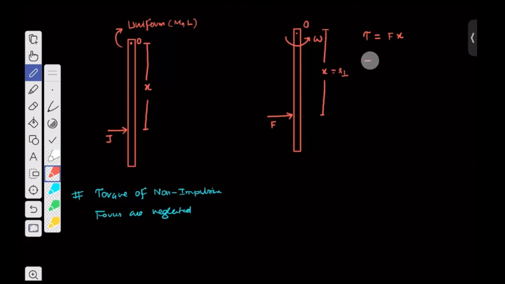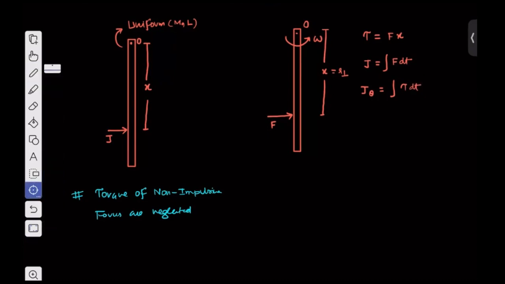Correct. And the impulse of this force is J, so J will be equal to the integral of F dt. So the angular impulse of this force we will write as the integral of tau dt. As you can see, the only force having torque about the point of suspension is this force, because gravity's torque, even though it is there, is going to be neglected. We don't have to worry about that.